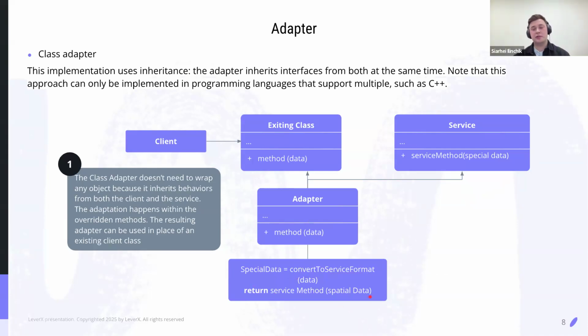Or you can just create a mapper class, for instance, because this specific example you can implement in languages which support multiple inheritance, not JavaScript. You cannot extend multiple classes in JavaScript. So you can create a mapper class which would be responsible for converting your data from XML to JSON, and later on call the service method with the JSON data.